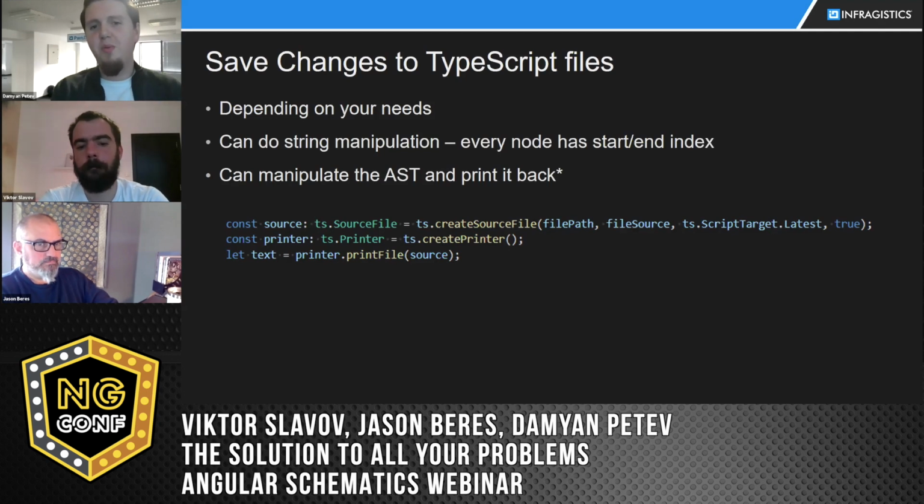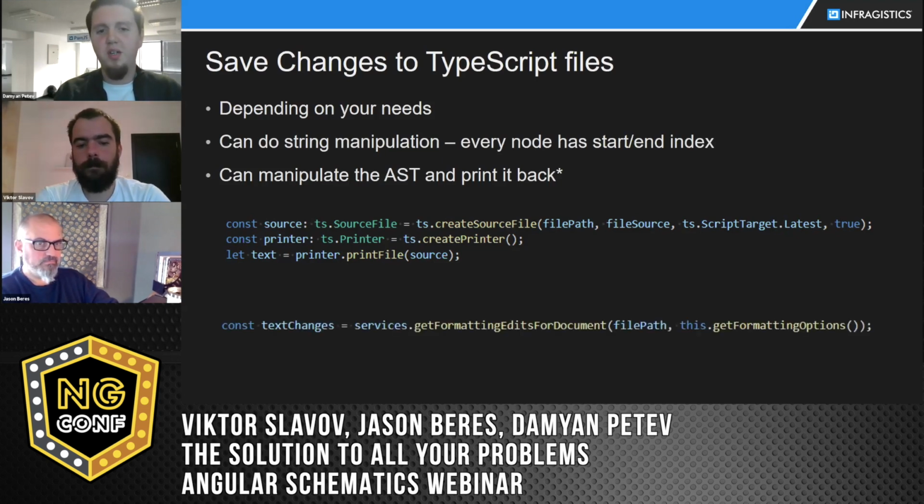There's, again, a small caveat with that, and that is the printer does have some options to configure, but they're not a lot, and it's a little bit opinionated in terms of formatting. So it will basically do double quotes and tab indentation, no questions asked. But again, this is something that we do all the time.